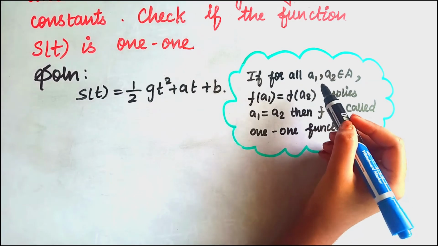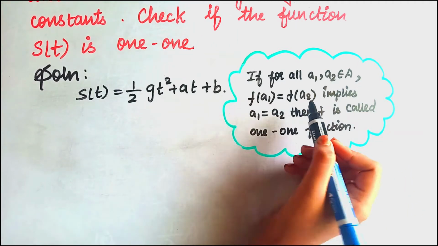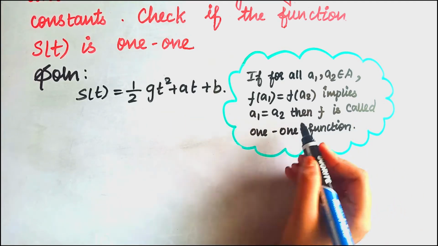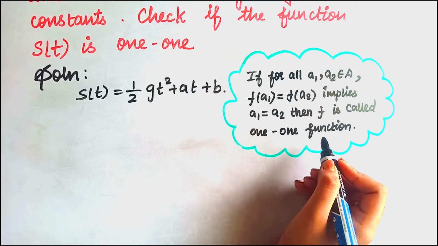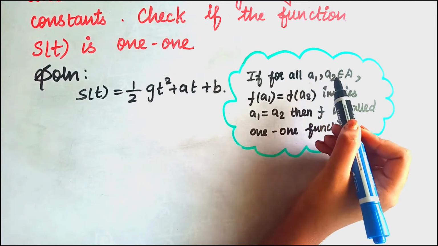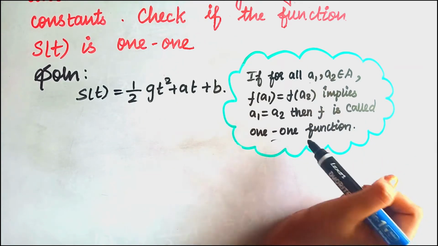If for all a1 comma a2 belongs to A and f of a1 is equal to f of a2 implies a1 is equal to a2, then f is called a 1 to 1 function. So here you can see that they have taken two elements, a1 and a2. So we need two elements for proving a one-to-one function, right?